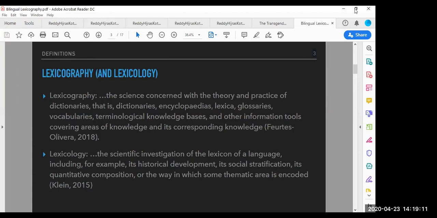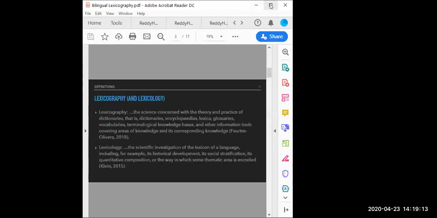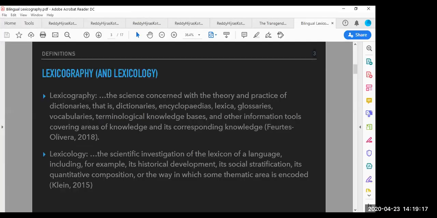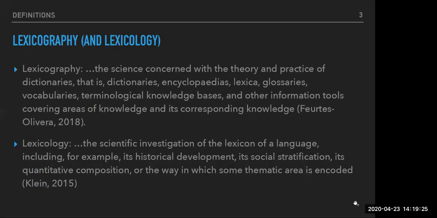It can be knowledge based on encyclopedias, lexica, glossaries, and specialized vocabularies, technical knowledge bases, basically online sources, lots of different places, corpora, and other information tools. So all of these need to be dealt with under lexicography in order to build dictionaries.